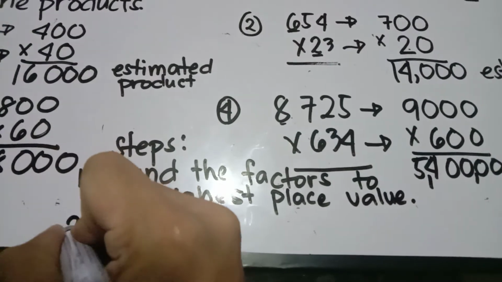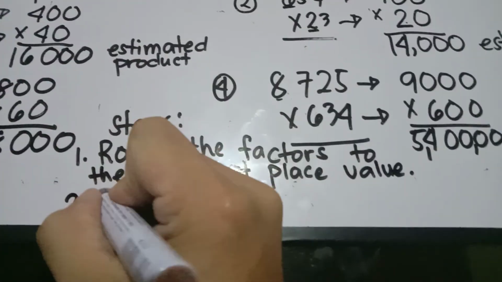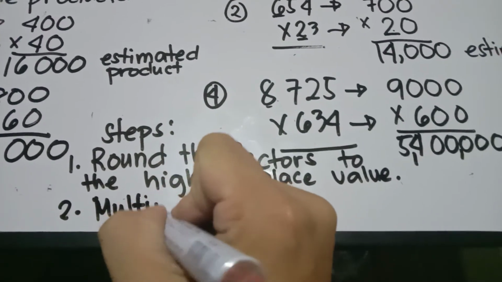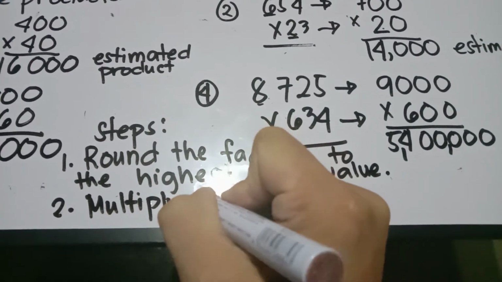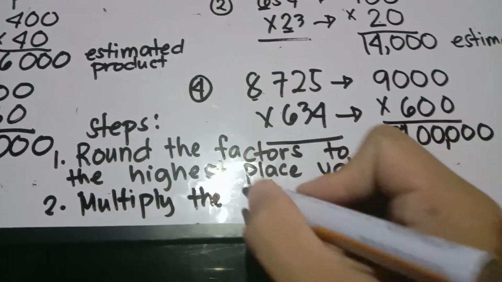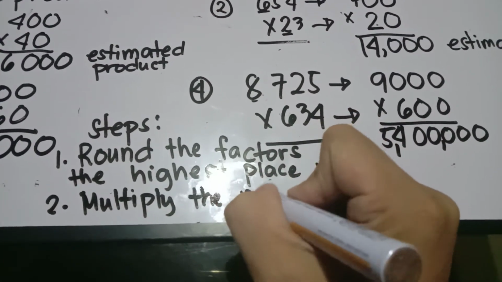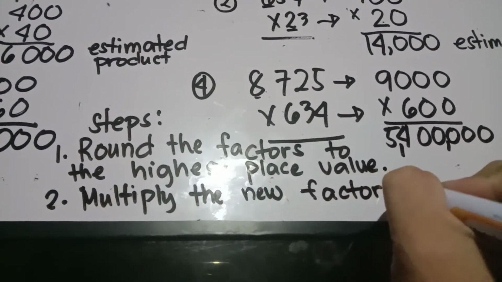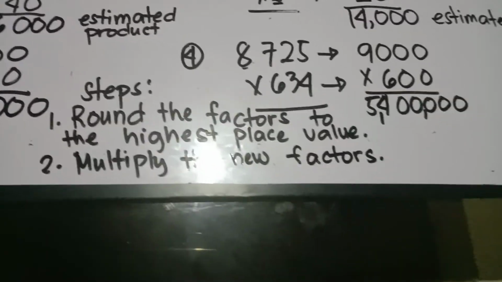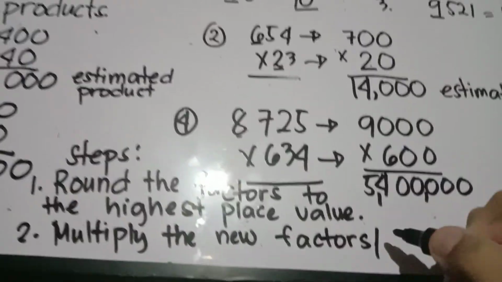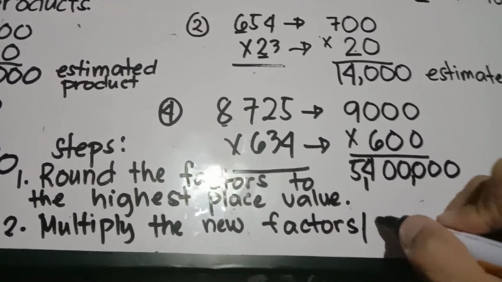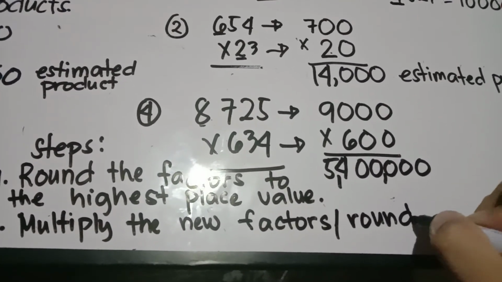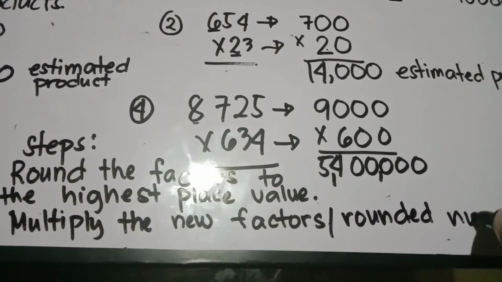Number 2, multiply the new factors, or multiply the rounded numbers.